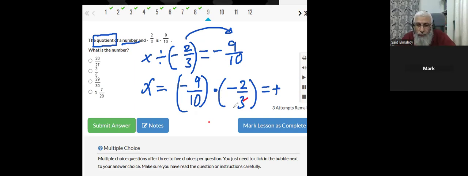Dividing by 3, 3 becomes 1 and 9 becomes 3. Dividing 2 and 10 by 2 gives 1 and 5. Multiplying, the numerator is 3 and the denominator is 5. So it's 3 over 5. Yes, 3 over 5 is the answer.